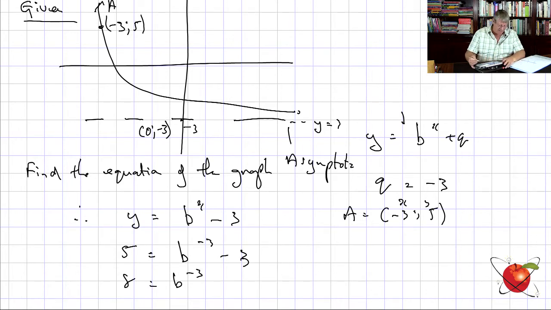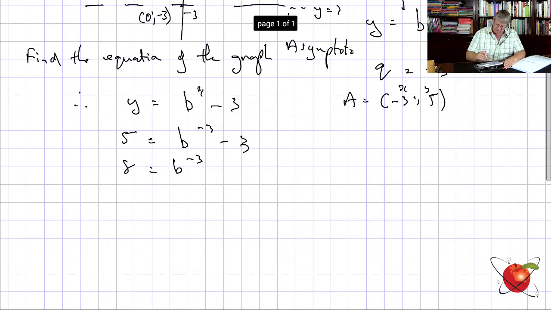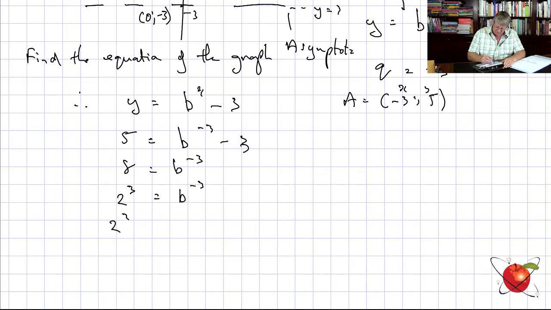All right, therefore, what do we do? We prime factor this, don't we? All right. So let's have a look. We then say that 2 cubed is equal to b to the -3. All right. So therefore, 2 cubed equals 1 over b cubed.